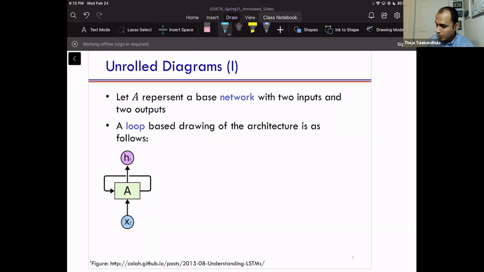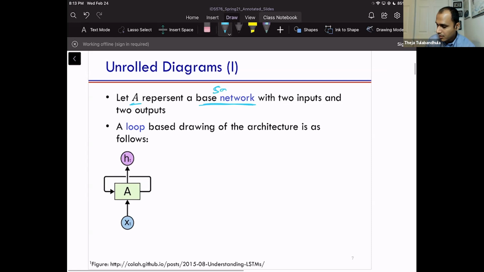Okay. So let A represent a base network. What I mean is, just think of it as some function. When I say a base network, just some function. And as you can see in this diagram, this A has 2 inputs and 2 outputs.